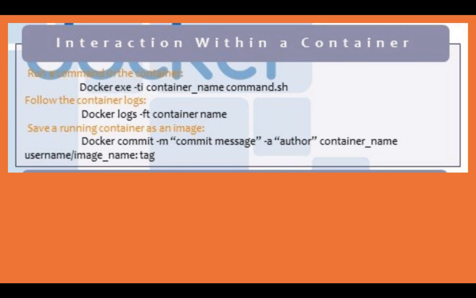You can write that username here, slash the name of the image you want to give, colon the tag. Tag defines the version number of your image. By default, the tag is taken as latest.